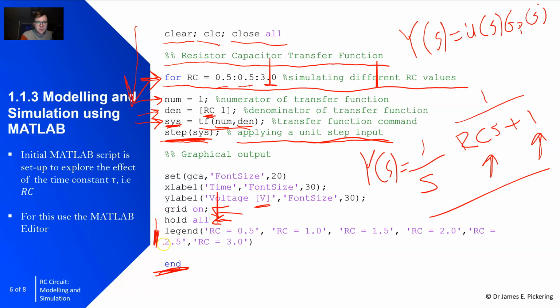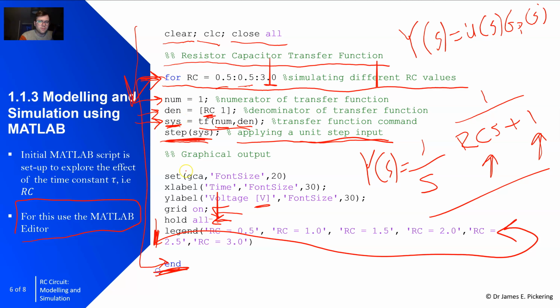One thing I'm just going to say, make sure you do this in MATLAB Editor. Make sure that this is actually on the same line as here, otherwise it'll throw up an error in MATLAB. Okay, and then, as I just said, end. So it's effectively just running a loop of these 6 different values through this simulation, and then I'm putting a legend on just to map the results.